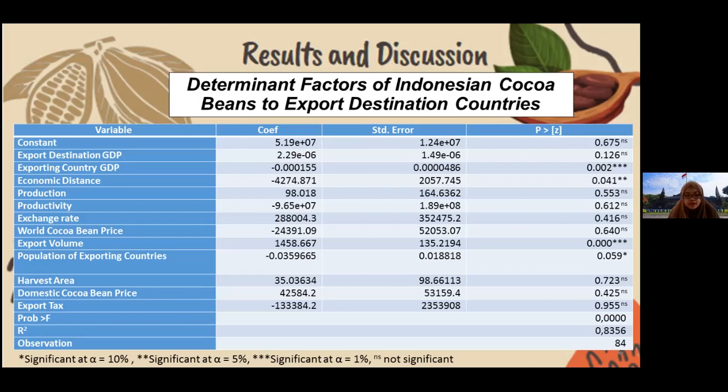Population was significant with a negative effect. An increase in the population of the importing country will decrease the export value of Indonesian cocoa beans. When the population increases, there is an increase in the labor force. As a result, there is an increase in total domestic product, so that the supply of export goods decreases.